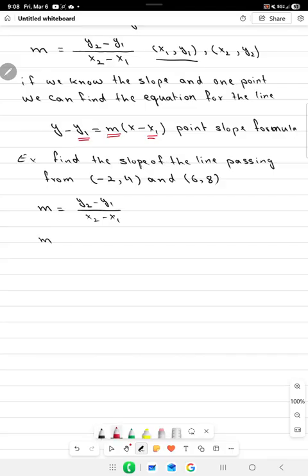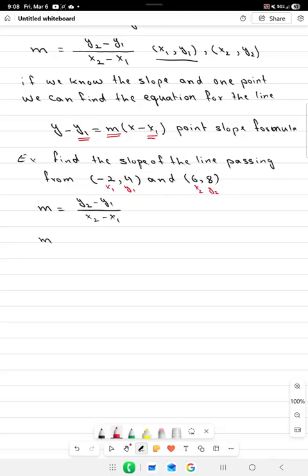To make it easy, I'll name the first parenthesis the first ordered pair x1, y1, the second ordered pair x2, y2. It doesn't matter which way you name them. You can name the second ordered pair x1, y1 and the first ordered pair x2, y2. It doesn't matter.